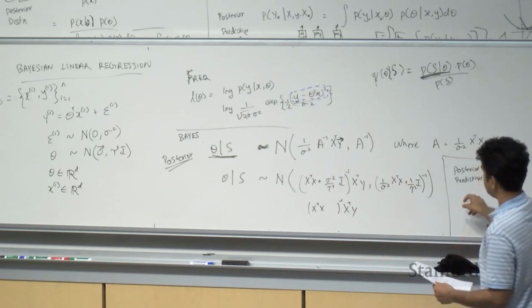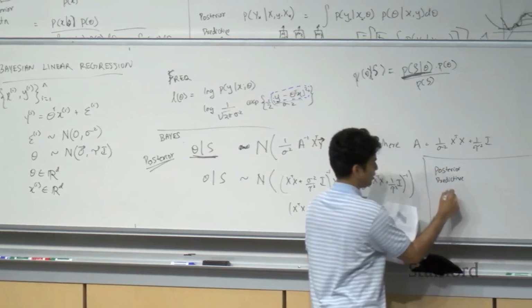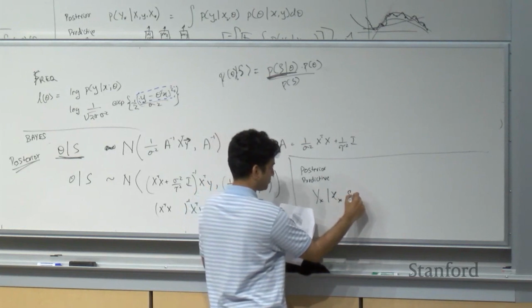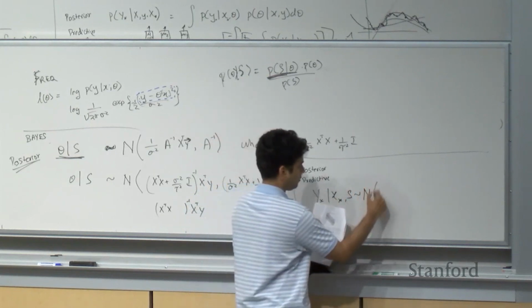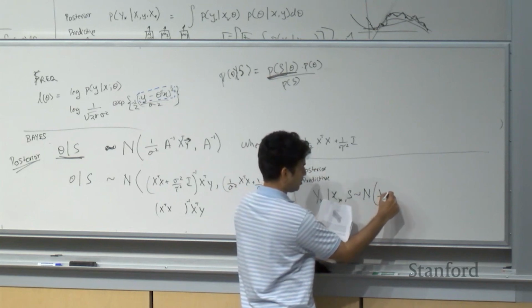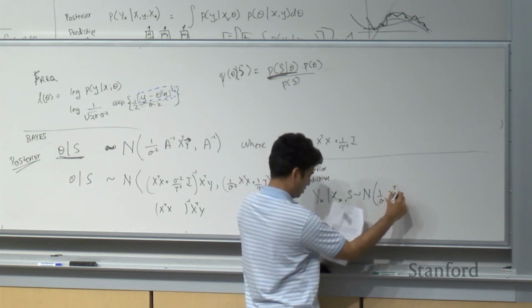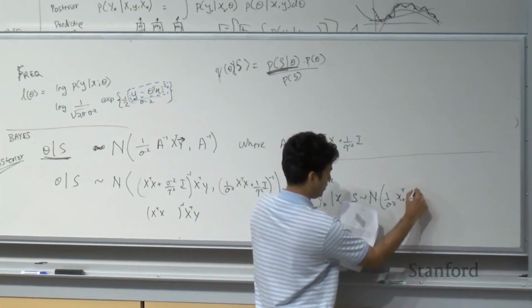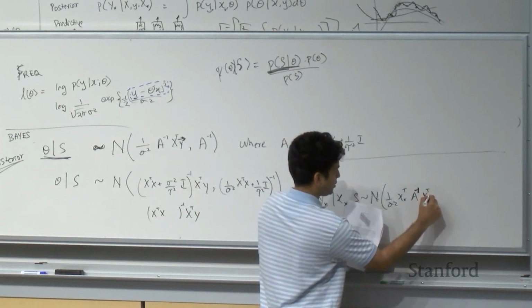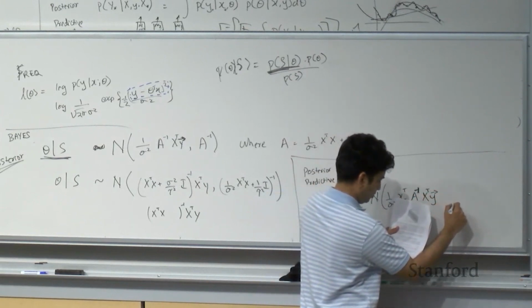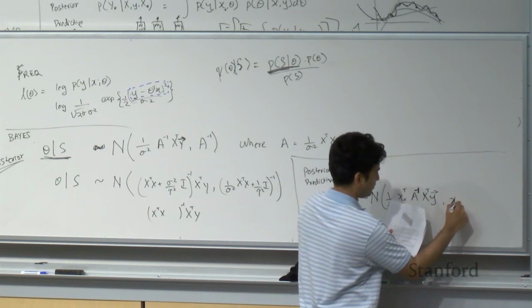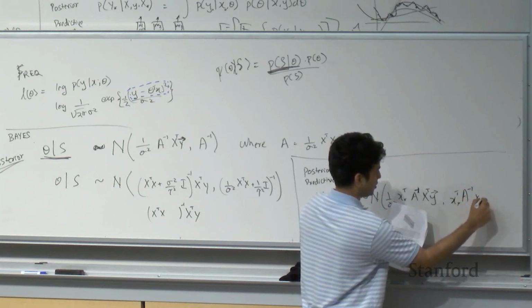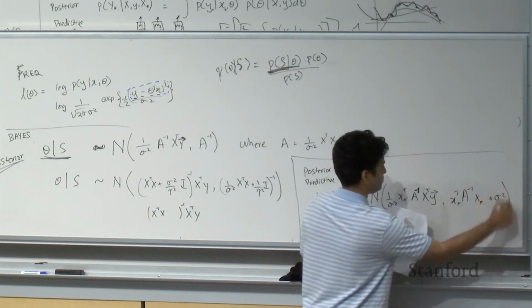So the posterior predictive distribution is essentially y star given x star, comma S, follows a normal distribution of 1 over sigma square x transpose A inverse x transpose y, with variance x star transpose A inverse x star plus sigma square.